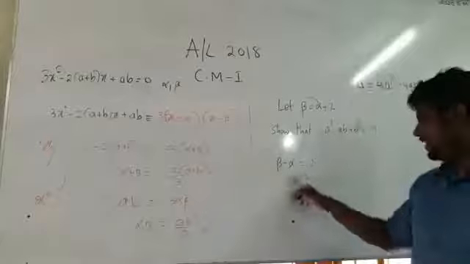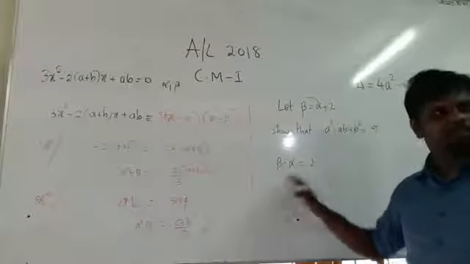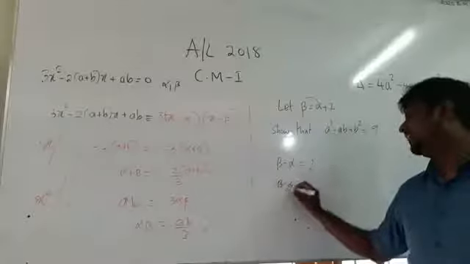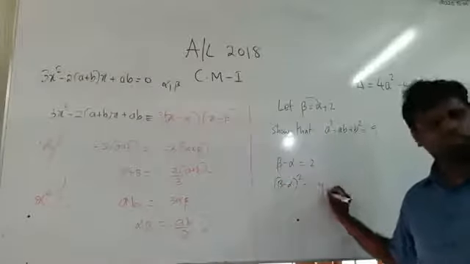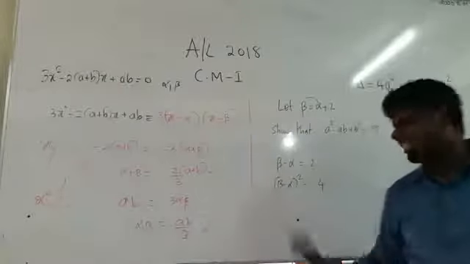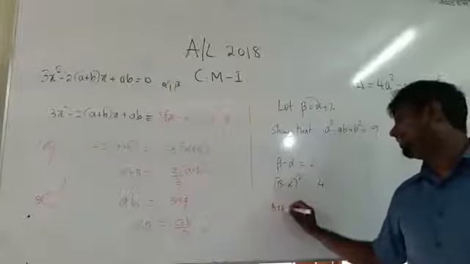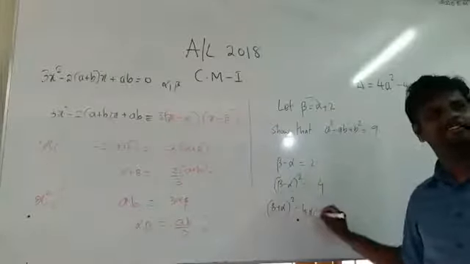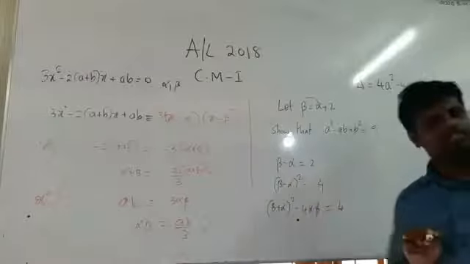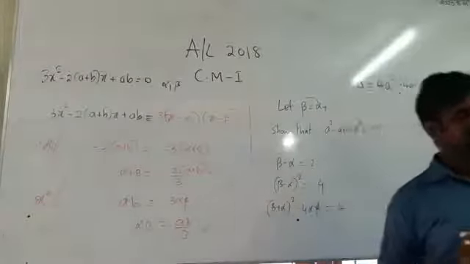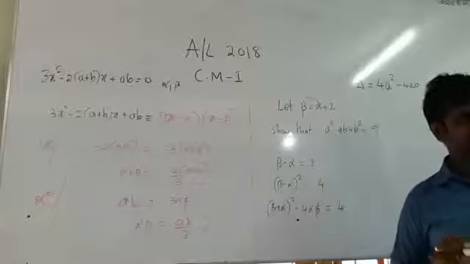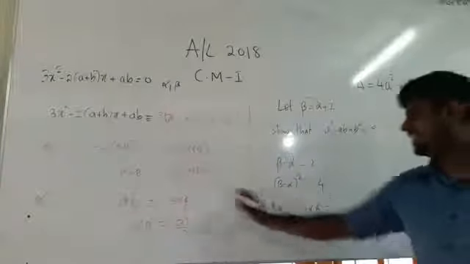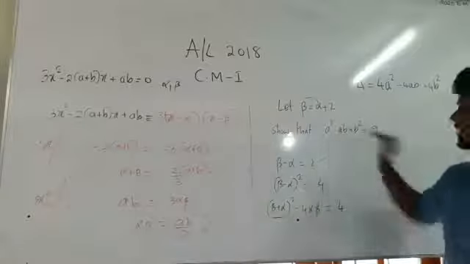So if you square both sides, beta minus alpha whole thing squared equals 4. So (beta plus alpha) whole thing squared minus 4 alpha beta equals 4. Yes or no? Now easily you can substitute this and this here and obtain this equation.